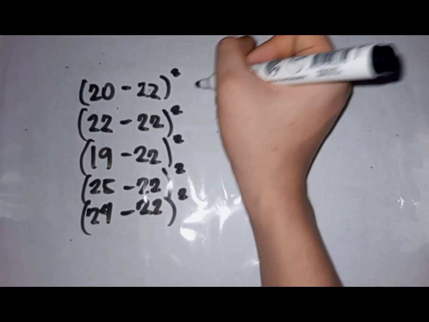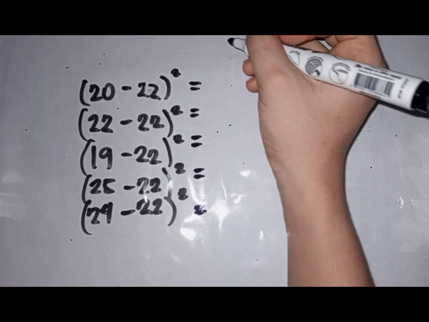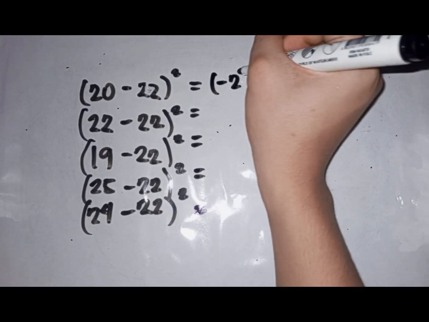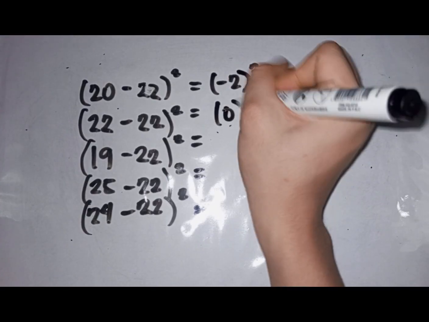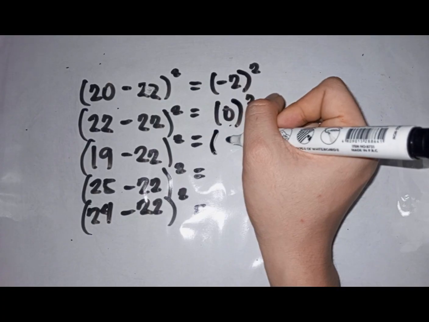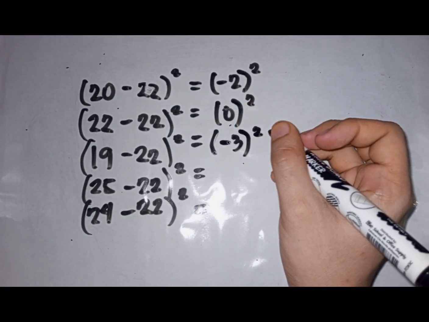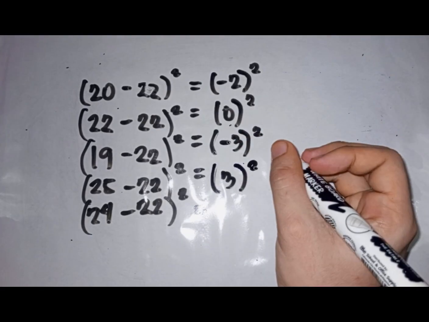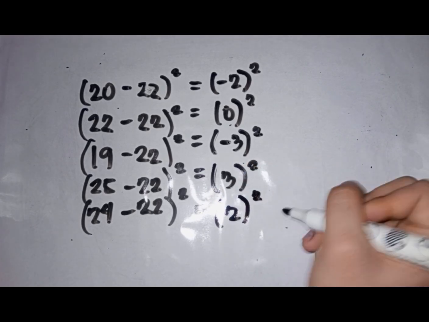So now let's compute. 20 minus 22 is negative 2, squared. 22 minus 22 is 0, squared. 19 minus 22 is negative 3, squared. 25 minus 22 is 3, squared, and 24 minus 22 is 2, squared.